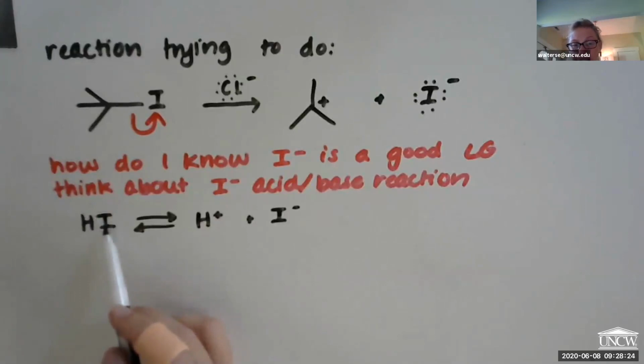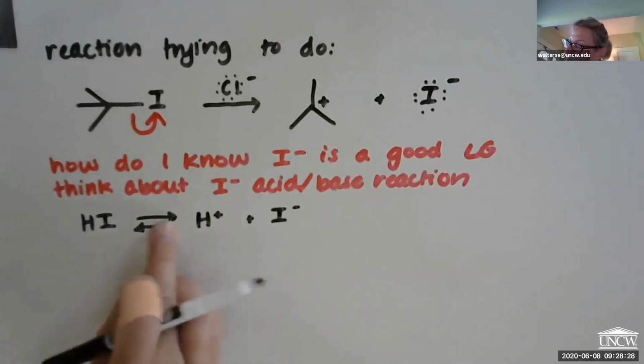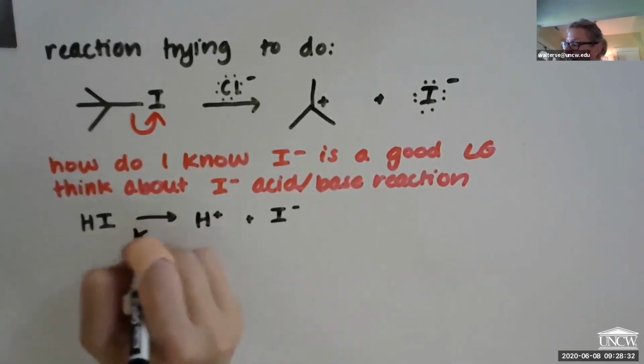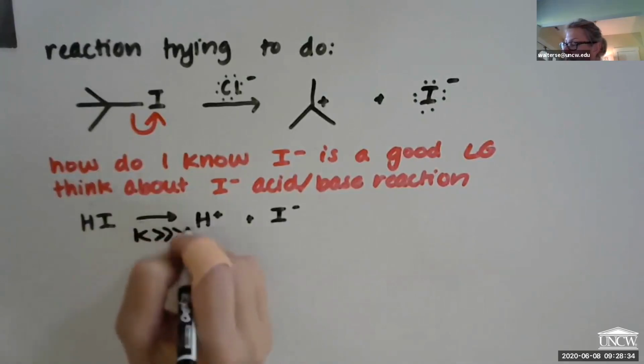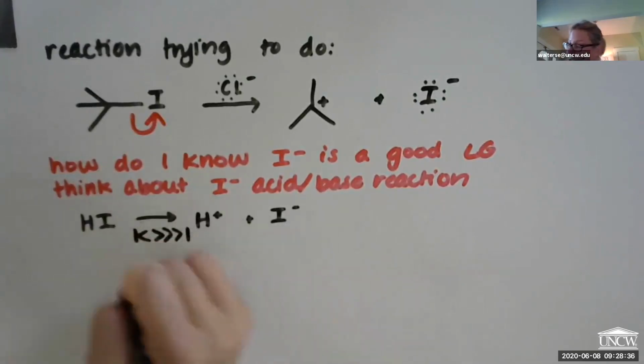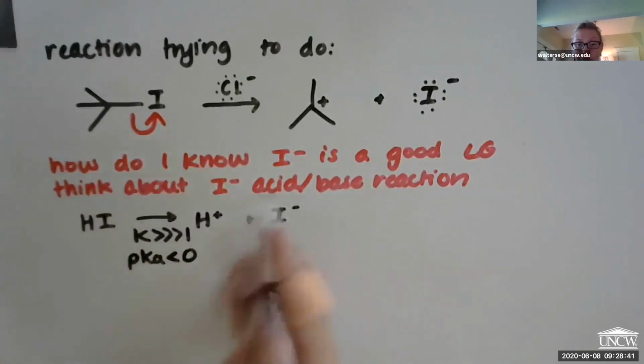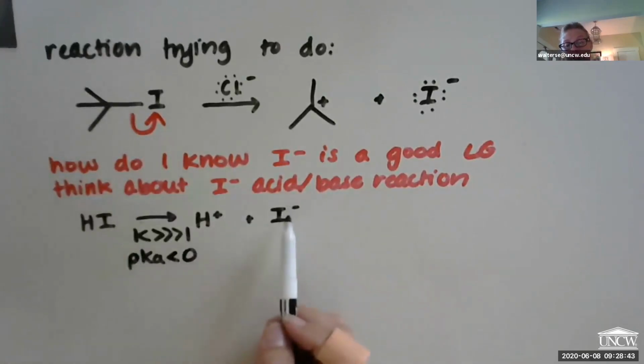Hydroiodic acid is one of the 7 strong acids, which means the forward reaction is the only reaction that takes place. This has a gigantic equilibrium constant K, and it has a pKa that's negative, which means it's a forward-driven process.